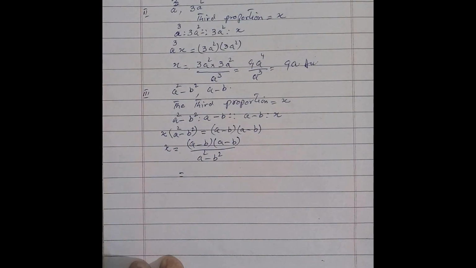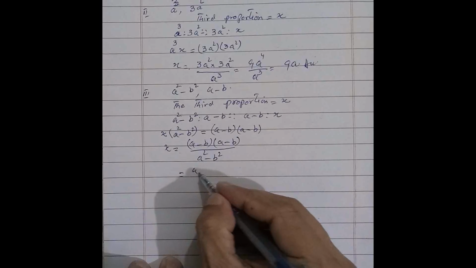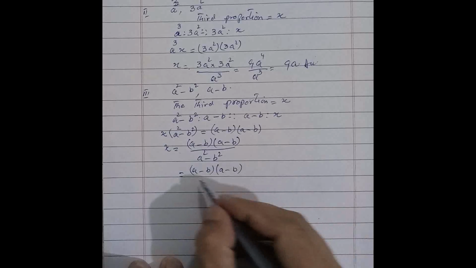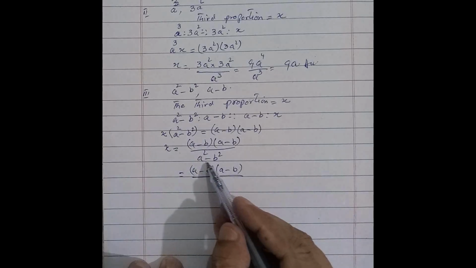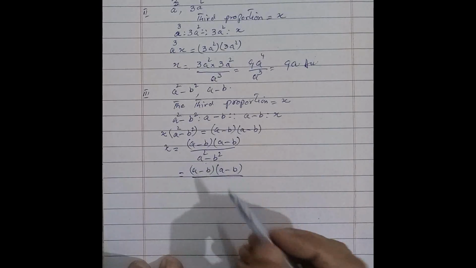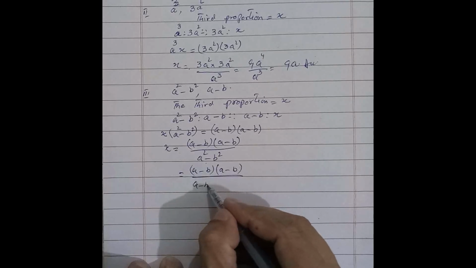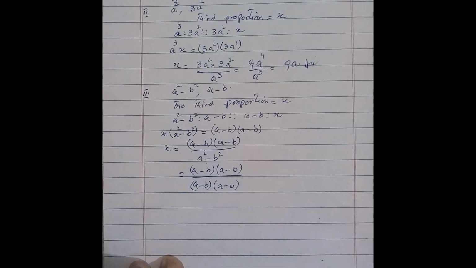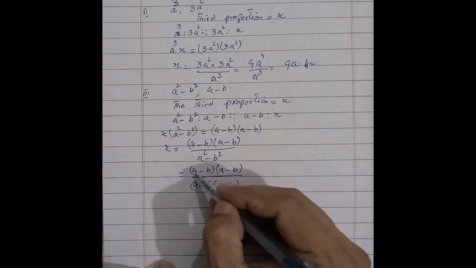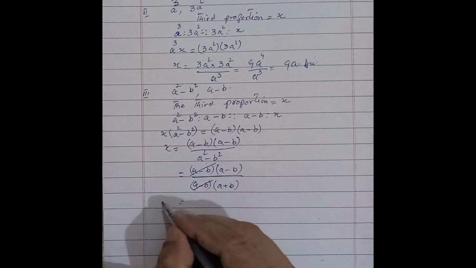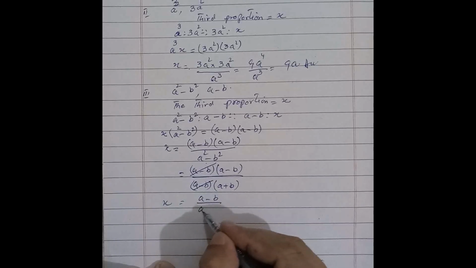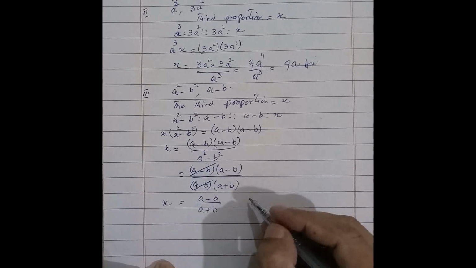Now simplify: a^2 minus b^2 is a minus b into a plus b. By simplifying we cancel, and the value of x is equal to a minus b over a plus b.